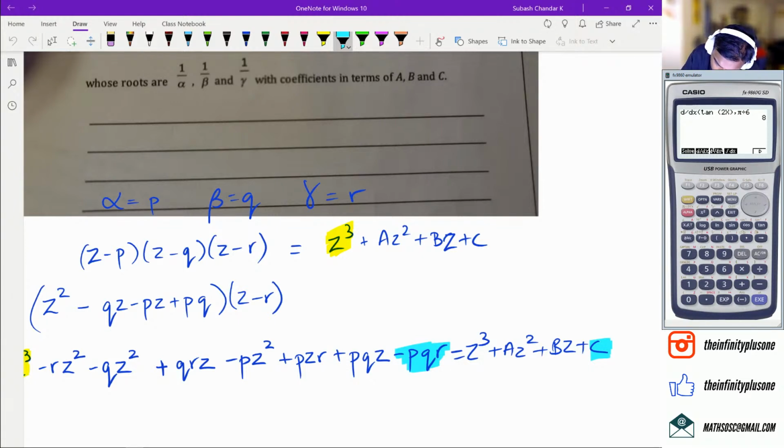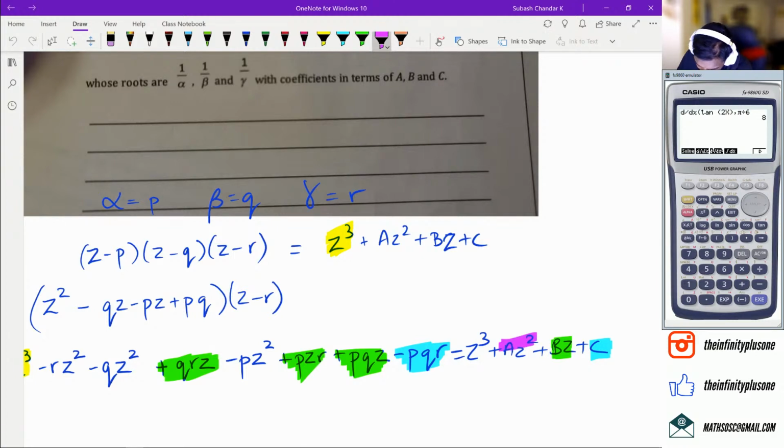If you look at the coefficient of z, right now it's bz, which means you have to take all the terms with z by itself and put them equal to the coefficient of z. And then you take all the coefficients of z squared.